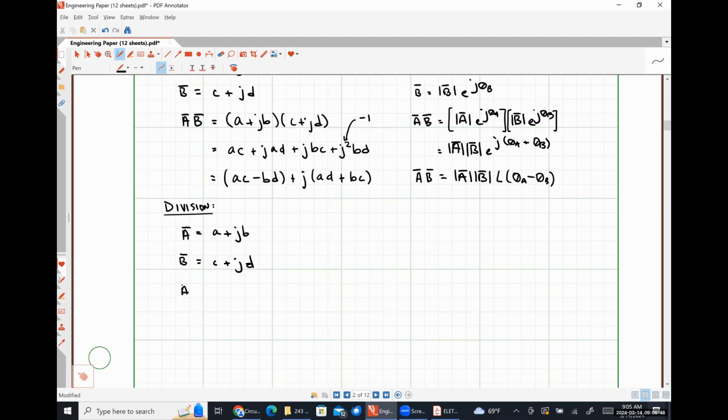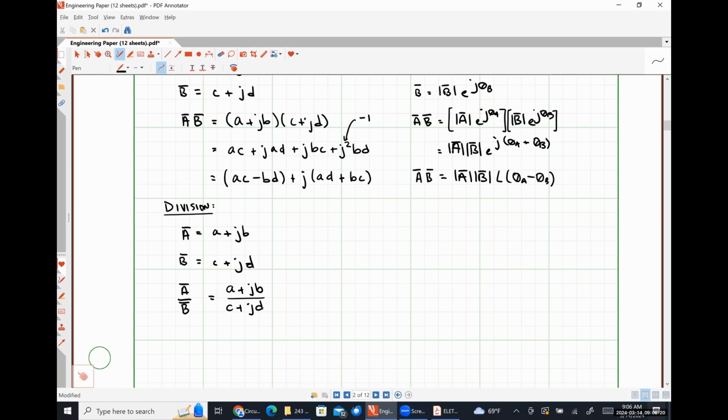So if I want to have A divided by B, that's going to look like A plus JB over C plus JD. Now, realistically, there's not anything technically wrong with this representation. However, it doesn't seem to work the same as all of the other mathematical operations. And let me explain what I mean by that.